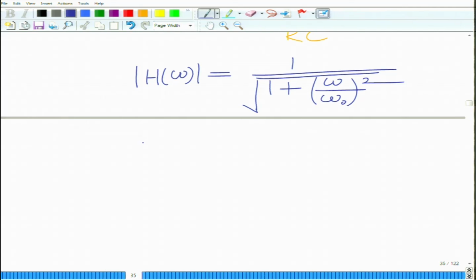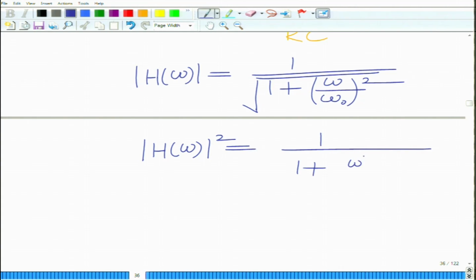And therefore, if you take the square of the magnitude response, magnitude H(omega) squared is nothing but 1 over (1 plus omega squared divided by omega naught squared).